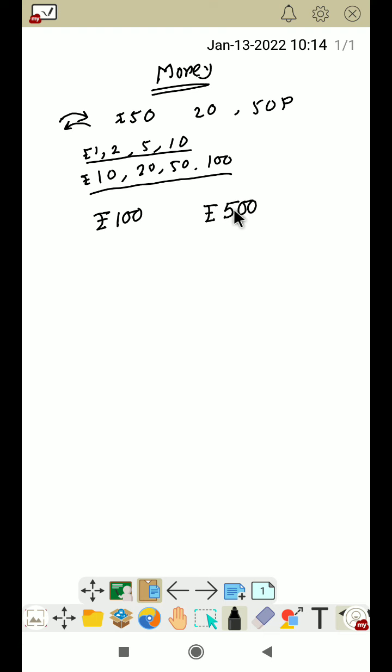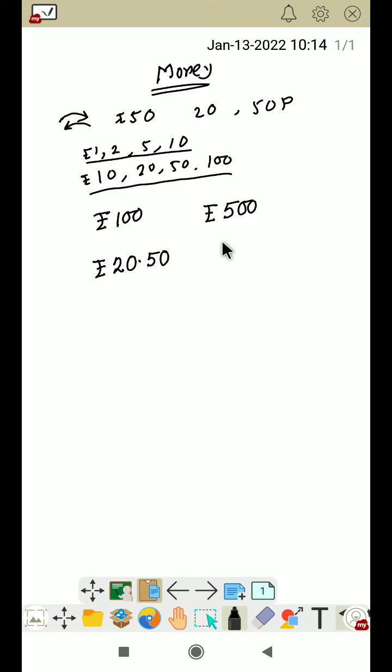Then if I ask you how to denote 20 rupees 50 paise, this time you denote it like this: 20 rupees, then 50 paise. You write 50 paise like this: give a dot, then 50.